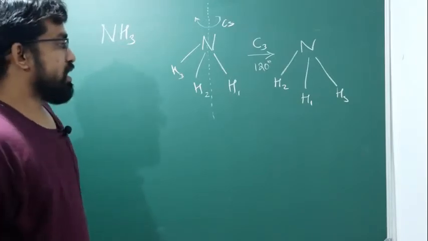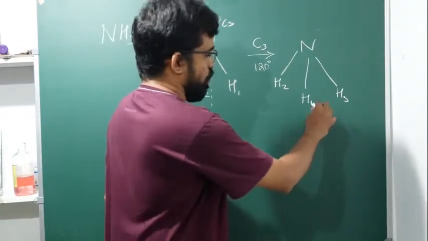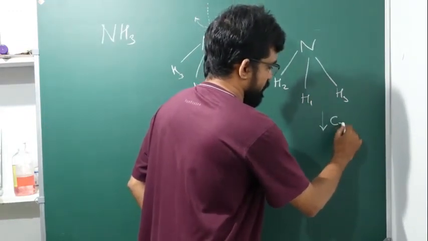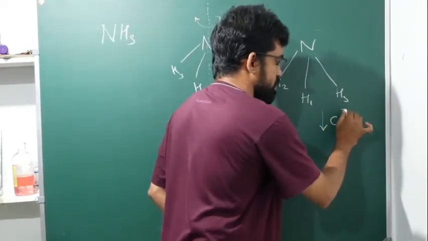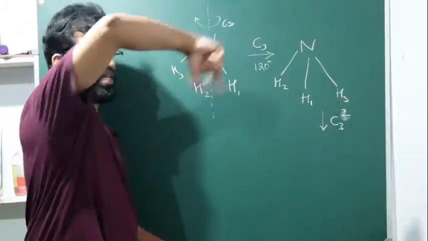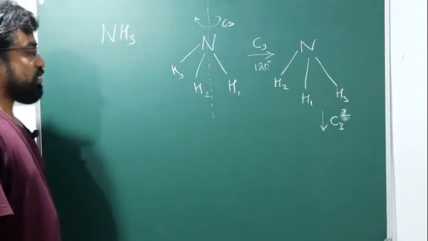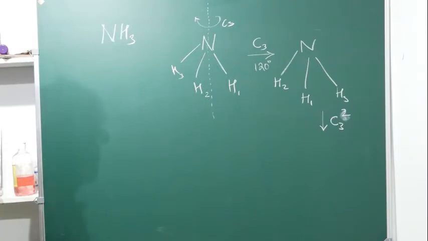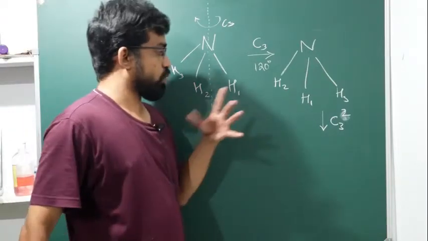Next is C3 square. You are doing C3 again, the same type of rotation. So what will happen?